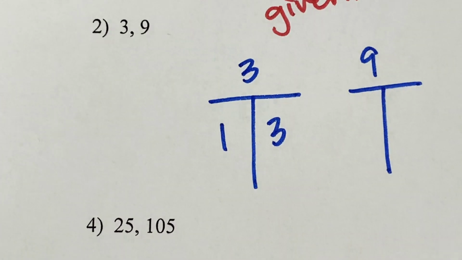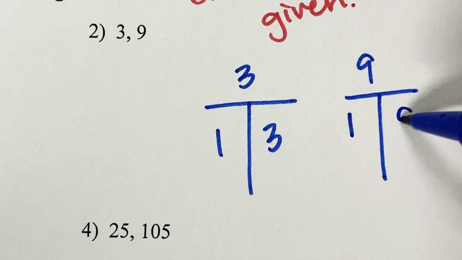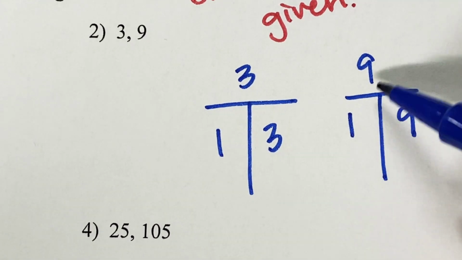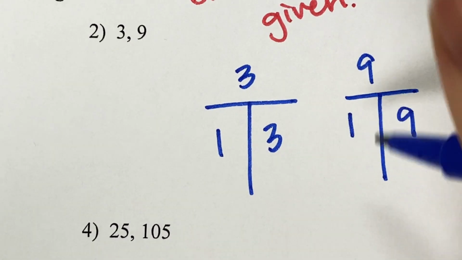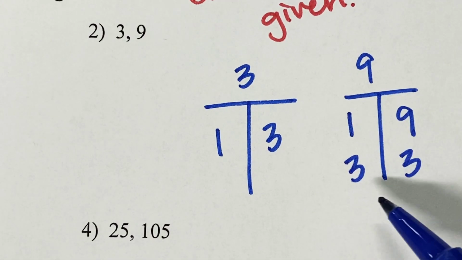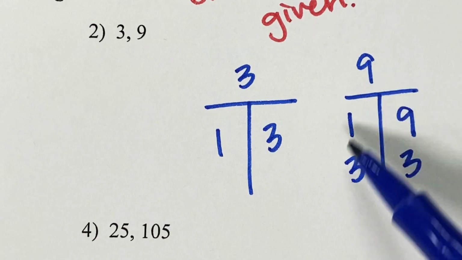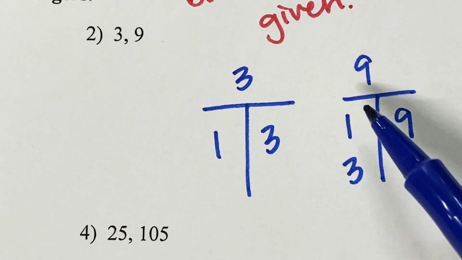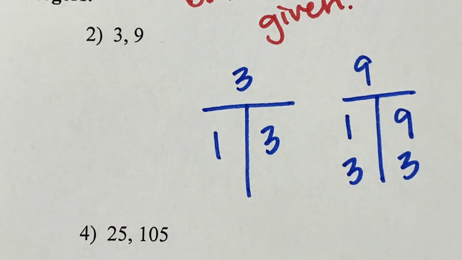There's pretty much 2 options. Well, let's do 9. I can do 1 times 9 will give me 9. 2 doesn't go into 9, but then 3 times 3 will give me 9. 4 doesn't, 5 doesn't, 6, no, 7, no, 8, no, 9, we already got it. So all of our factor lists are done.